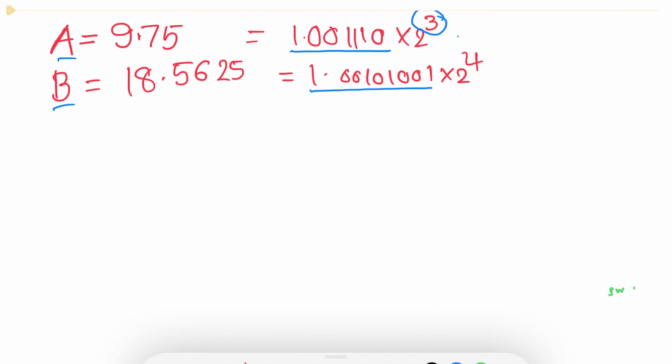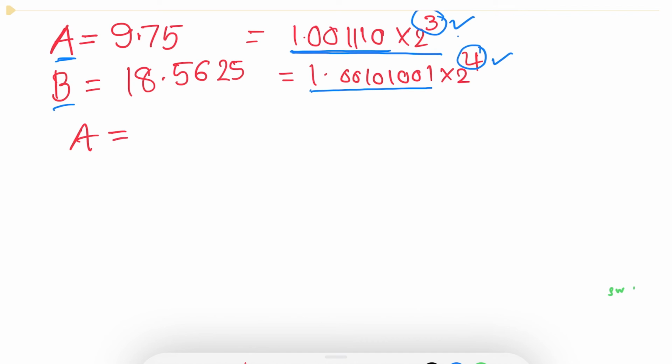The first thing we have to do, as I said in the slide, is align the exponent, because here it is 3 and here it is 4. So this operand A needs to be aligned with the operand B, because we can only perform the addition or subtraction if both operands' exponents are the same. So let's write A again.